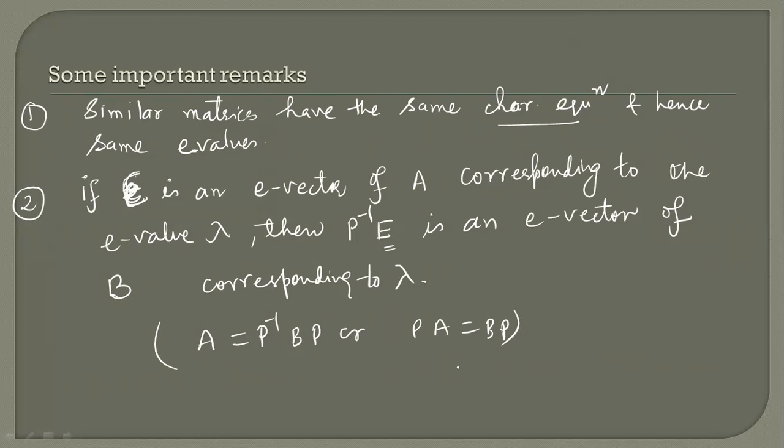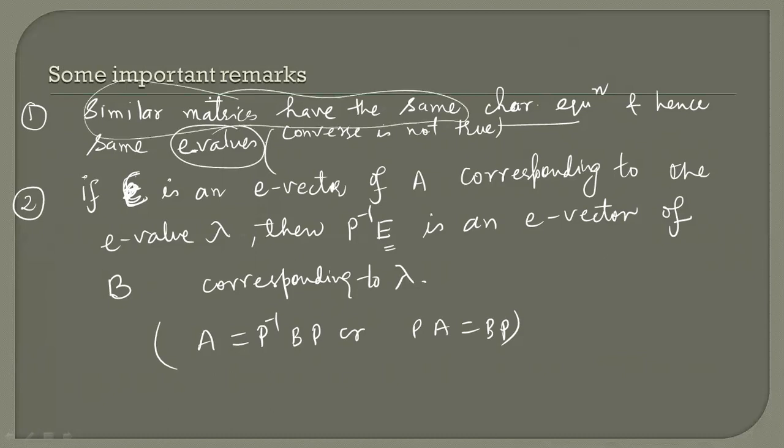But the converse of result 1 is not true. What is the meaning of the converse of 1? It means that if the eigenvalues are the same, then the matrices are similar, we cannot claim that. This is a very important result.